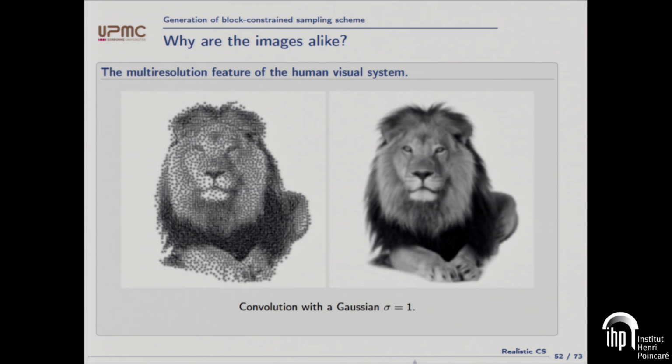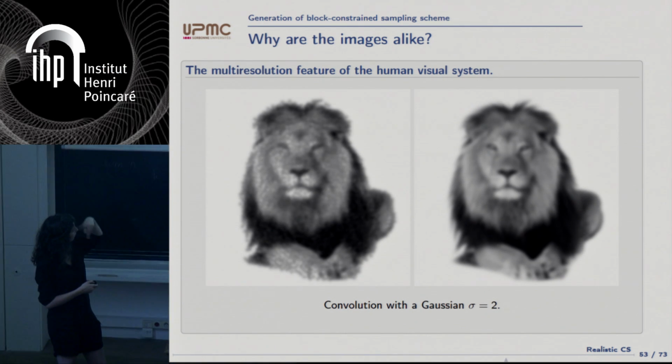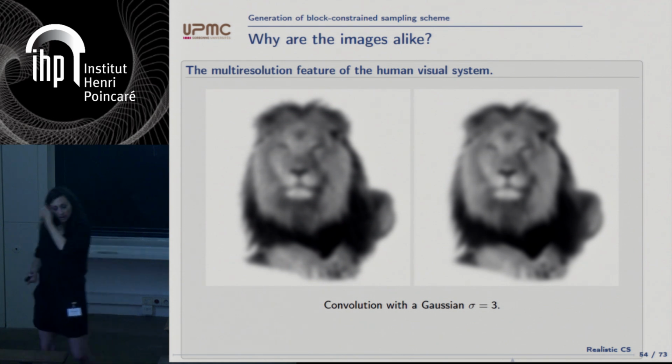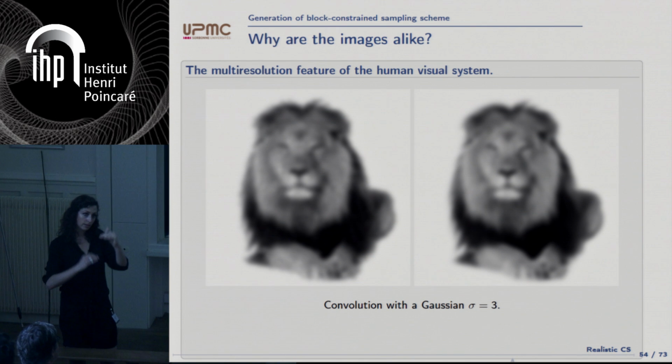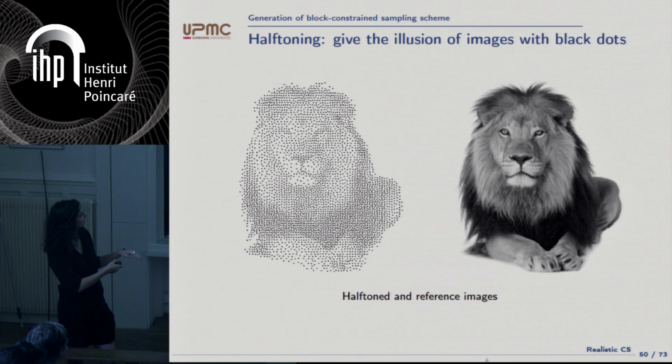You blur them first, and a second, and a third time. And then you see that now you cannot distinguish them. So it means that your brain is able to see the image at different resolution levels. Even if I give you only those two images, you know that at some low resolution, you cannot distinguish them. That's why this one corresponds to this one.